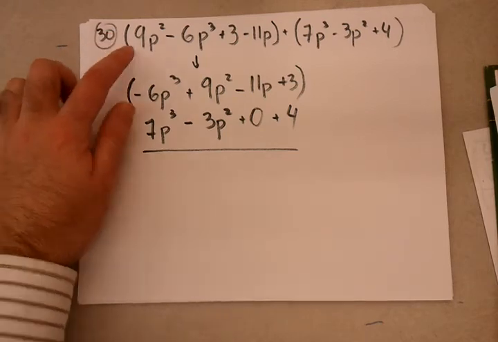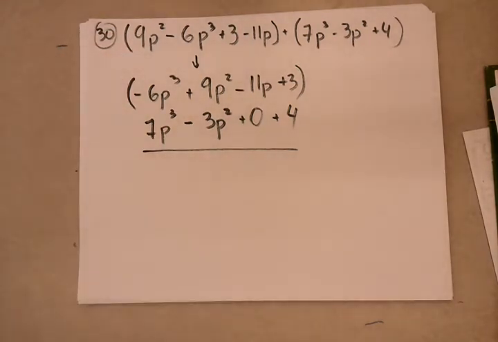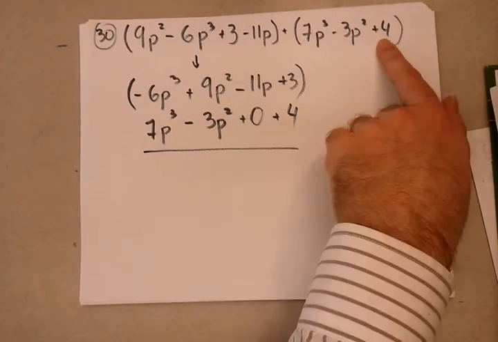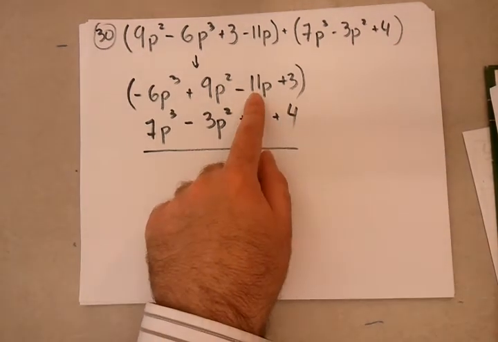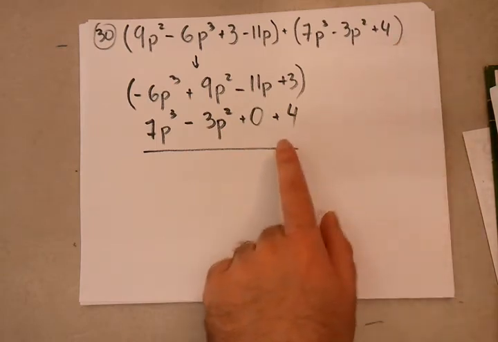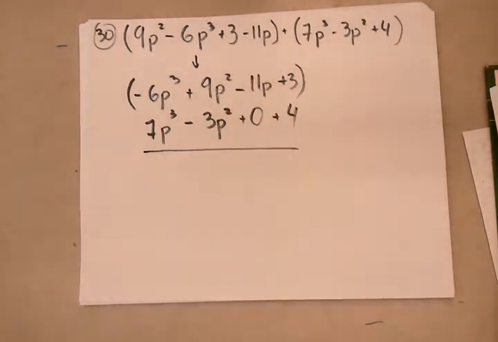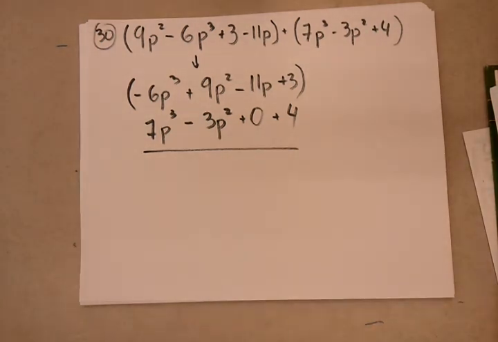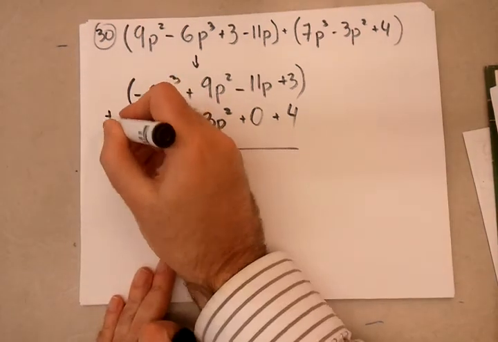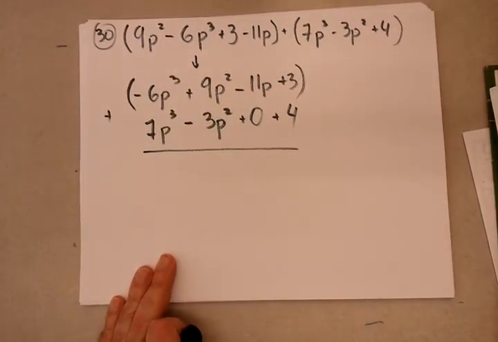That's why I had to change this first before I stacked them, and over here I had to stagger the 4 over. I couldn't put the 4 underneath the 11p because the 11p is first degree, the 4 is 0 degree. I have to put the 4 with the 3. They're both 0 degrees. So there was nothing here, so I'm just putting a 0 there. You can just leave it blank, whatever works for you. Just make sure to stagger that.